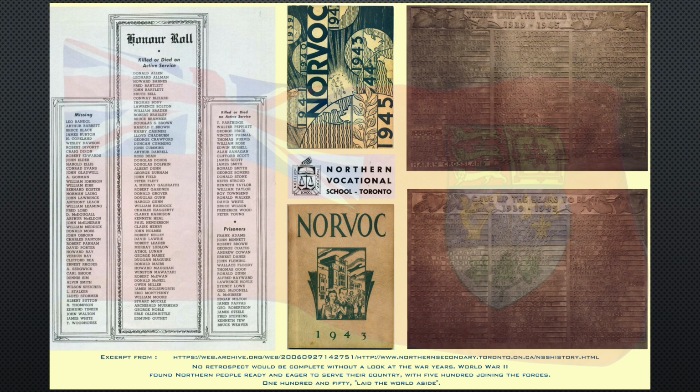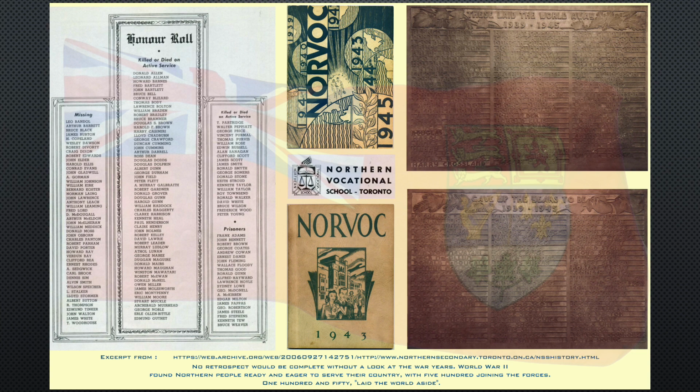These names are students from your high school, our high school, who were killed in action or wounded in action or missing in action or prisoners of war. So these are students that either had graduated from NorVoc, Northern Vocational, as it was known at the time, or were possibly even in grade 13 at the time and turning 18, turning 19, maybe even 17 and lying about their age.